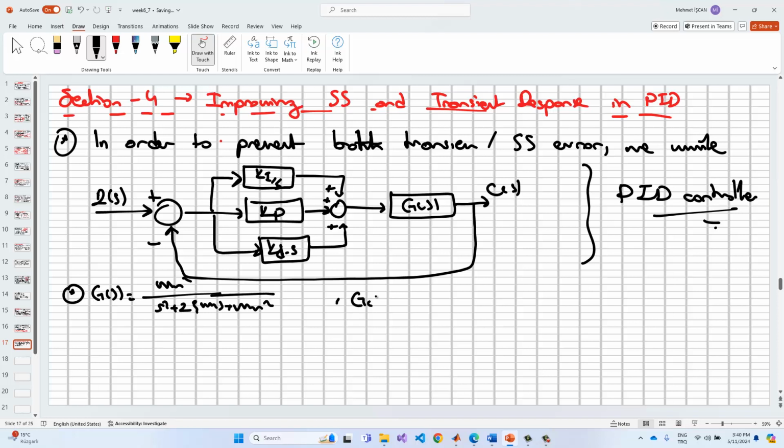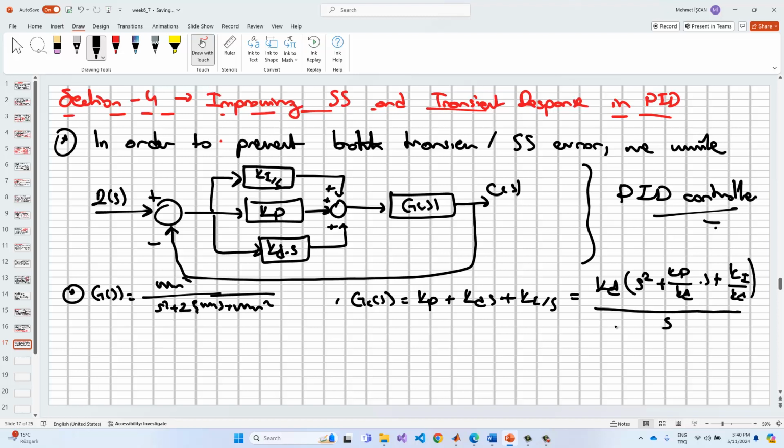And then the controller G(s) can be built with KP, KD S plus KI divided by S. Okay, and so this can be collected in one form here, just like this one: KD S square plus KP times S and KI divided by S. Okay, this is the solution for building the PID controller.